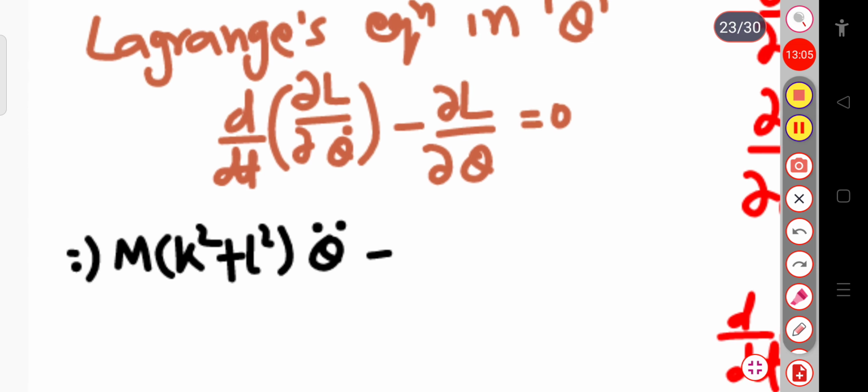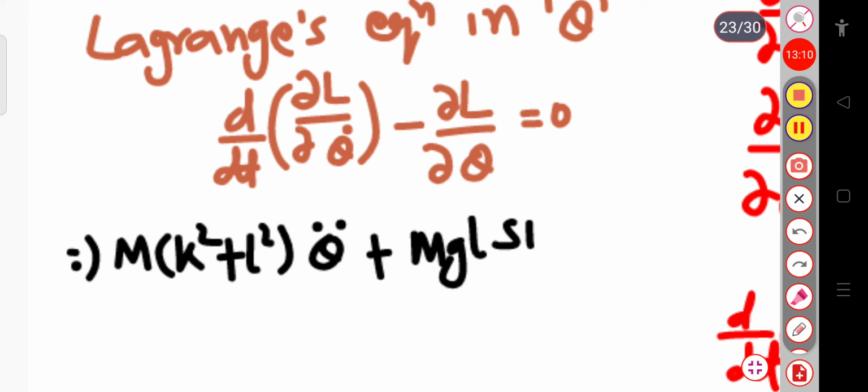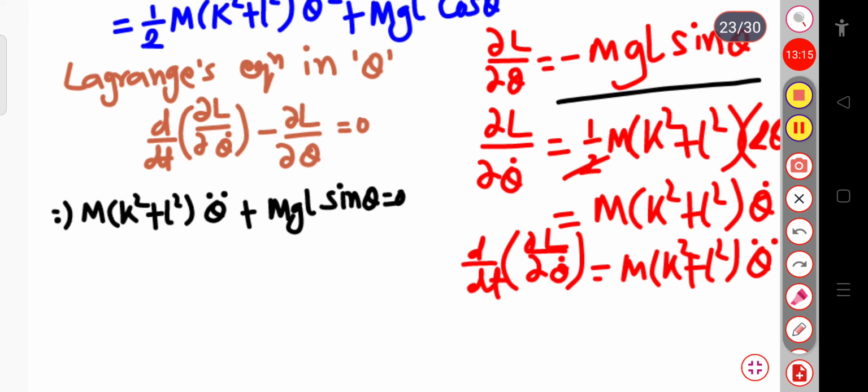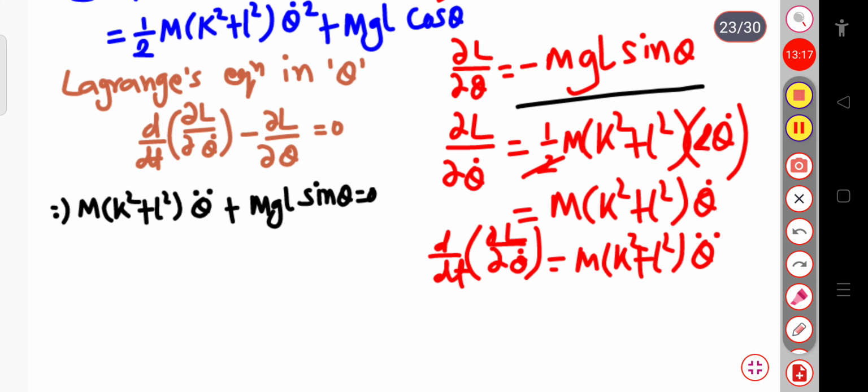So this becomes plus mgl sin theta, that is equal to 0. So this is our Lagrangian equation. You can see here we have just substituted the values of d by dt of del L by del theta dot and del L by del theta, that is the partial derivative.